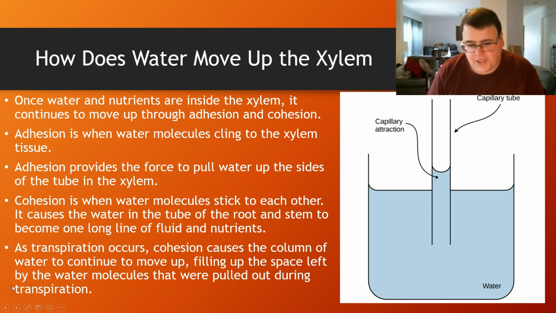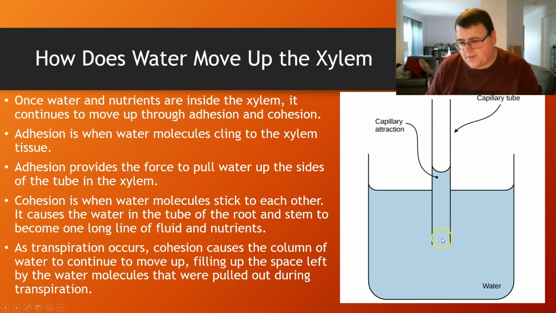So how does adhesion and cohesion actually help the water move up the xylem and flow out through the end of the plant? So that all happens through transpiration. So if we imagine in this diagram here, over here is the roots in the soil, this is our xylem, and up here is going to be your leaves where transpiration is occurring.